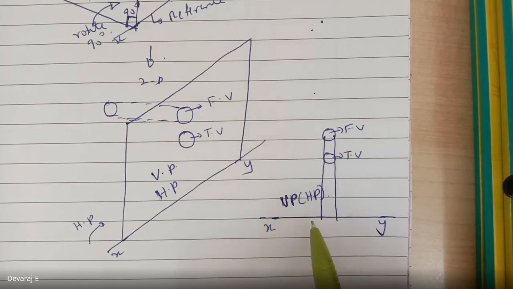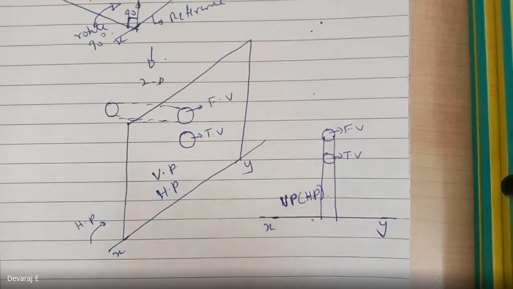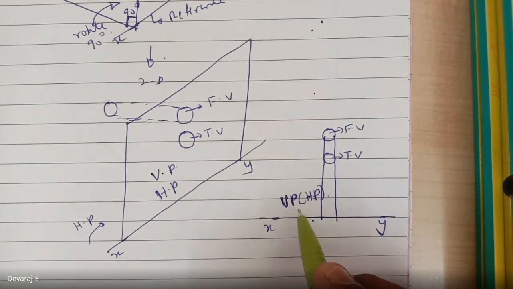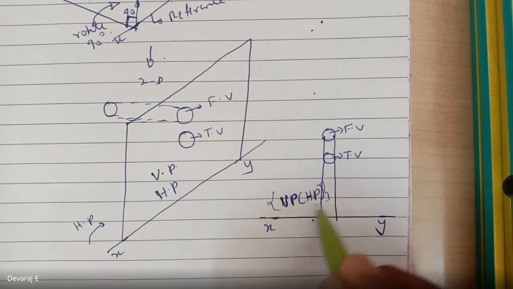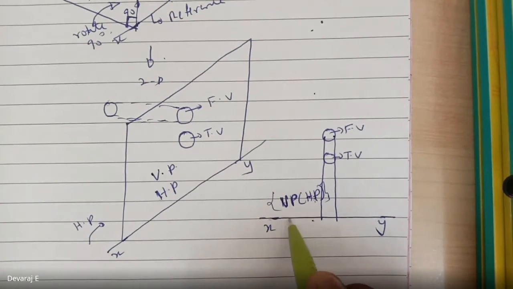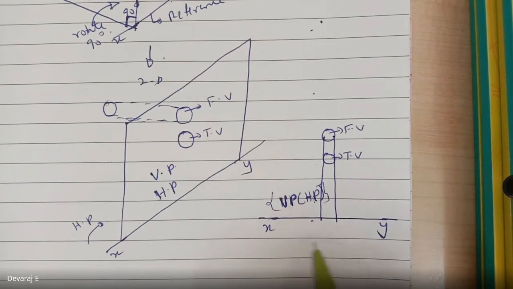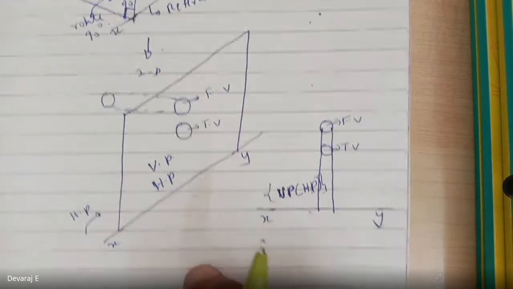But with respect to the second quadrant, both the planes, the vertical plane and horizontal plane, you can see in the same plane. In examination, you should write this, it is very important. VP, HP you'll get in the same plane on the top. Down you will not get anything, so down will be empty.